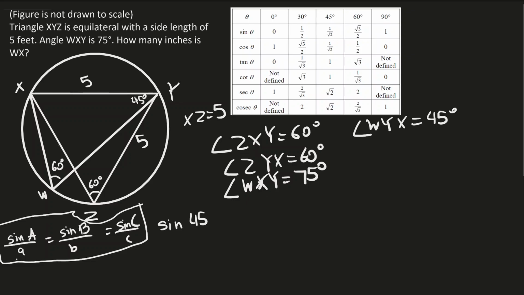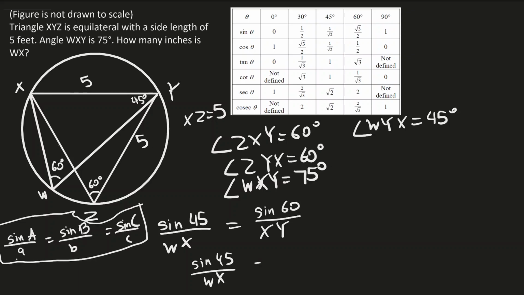So in this case, we have sine 45 over WX, and we can just use one more side length. So we can say sine 60 over length XY. XY is given. So we have sine 45 over WX equals sine 60 over 5.